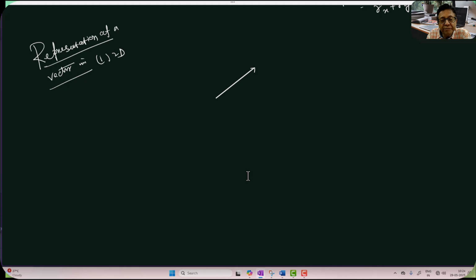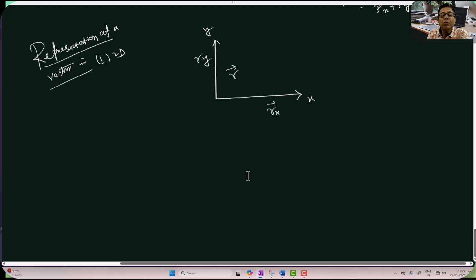There is a vector. You will obviously represent it in terms of its components. Components are horizontal component. This vector be R. We want to get the component along x-axis and y-axis. Let it be Rx and Ry. Okay, this is along x-axis and this is along y-axis.